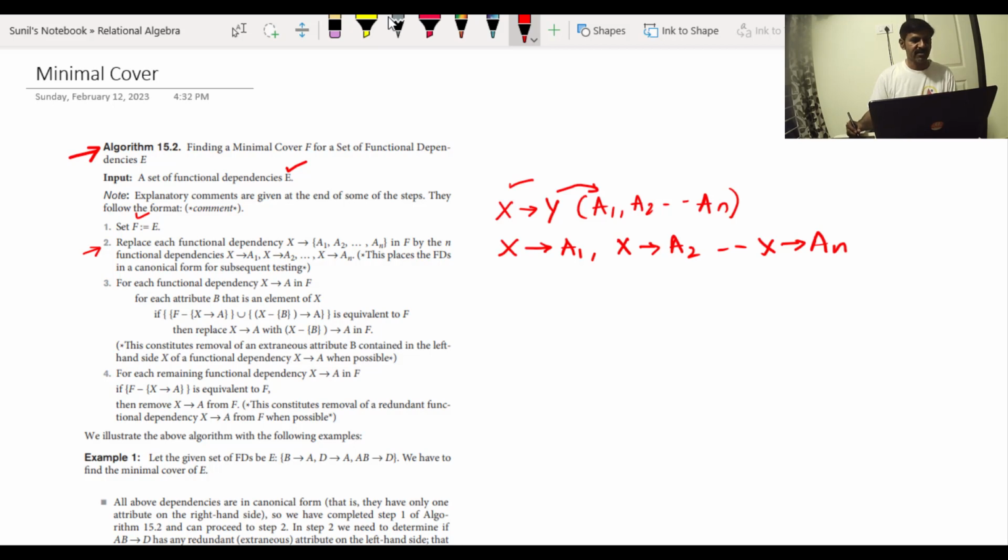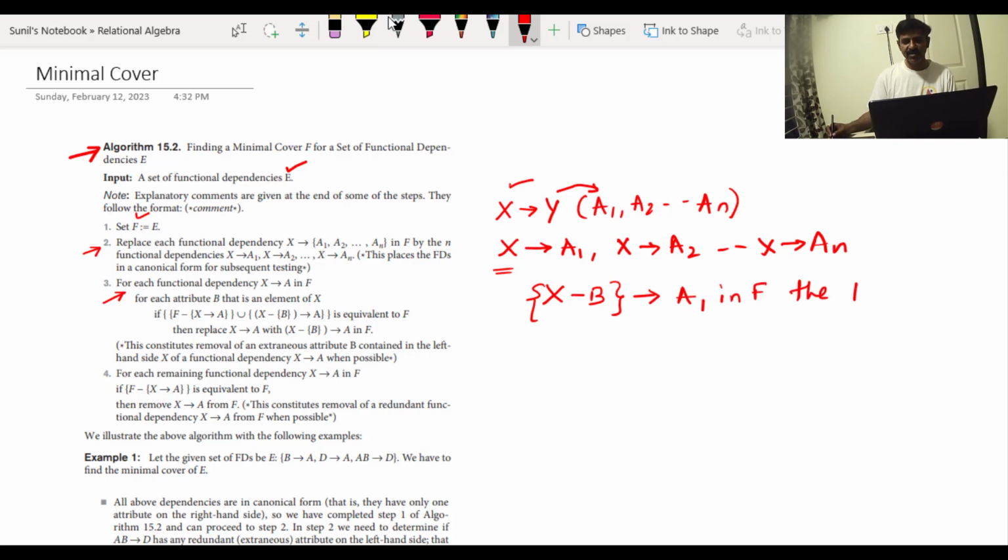What next? The next step is, for each of the functional dependencies of the form X arrow A, see if you can eliminate one of these functional dependencies or reduce the number of attributes on the X side. If you remove one attribute B from X and the functional dependency still holds in F, then attribute B is redundant.